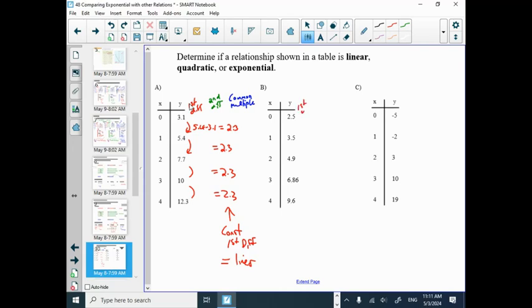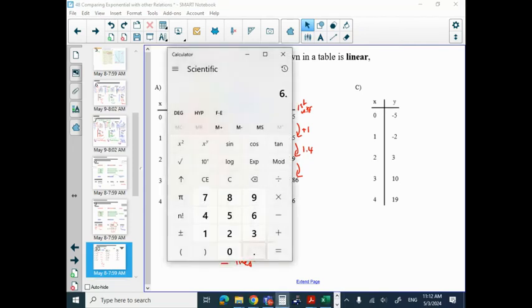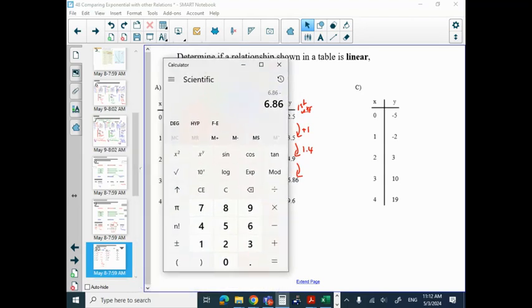You'd get your first differences, so you can tell that's a difference of down by 1. No, up by 1, sorry. And then 3.5 to 4.9 would be 1.4. And then that one there, 6.86 take away 4.9, 1.96.